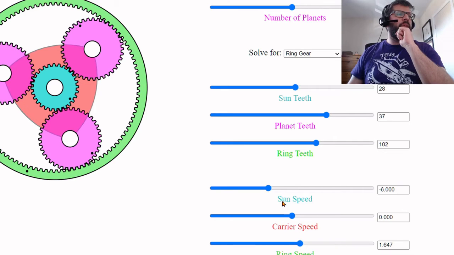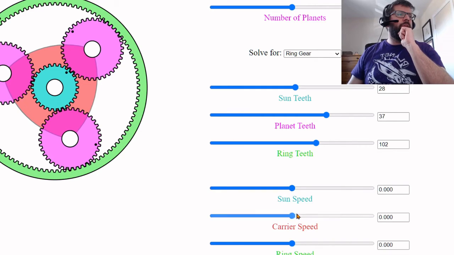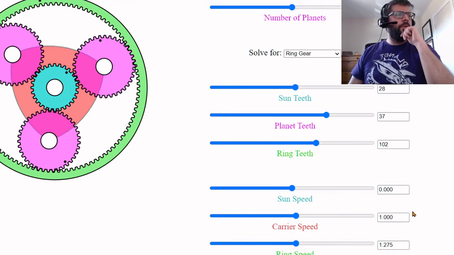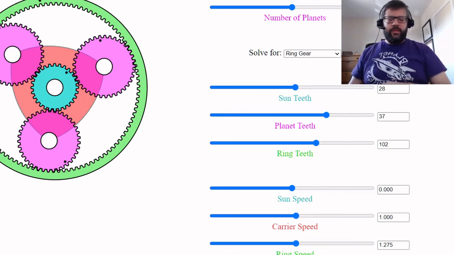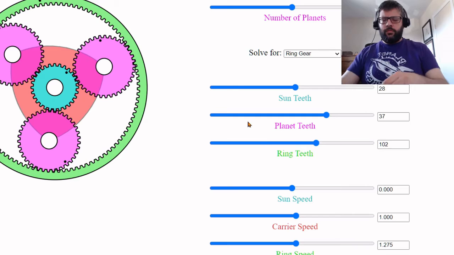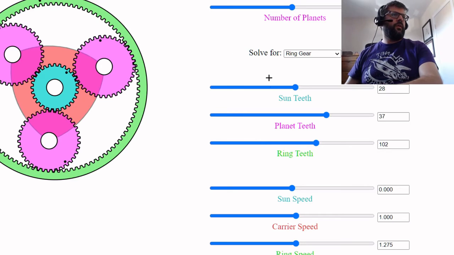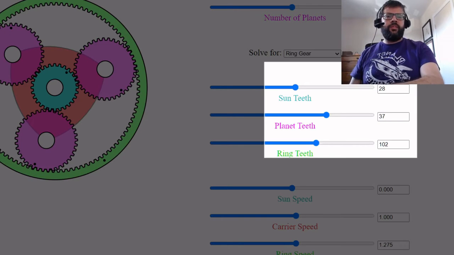We're setting the sun speed to 0, setting the carrier speed to 1, and it's giving us an output of 1.275. Whereas based upon the calculations that we just did, let's see, our relative teeth numbers here.